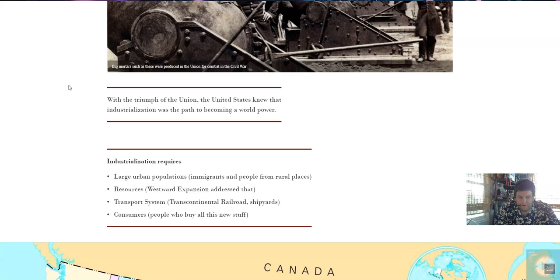The third thing you need is infrastructure. Goods and raw materials need to be moved in and out of factories as cheaply and quickly as possible. Manufacturing is essentially a much faster way of producing goods, but there's no point in producing goods more quickly if you can't move them out and you can't keep that well-oiled machine going.